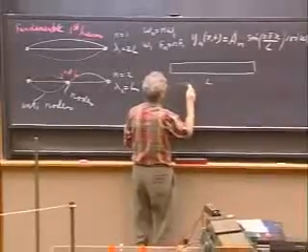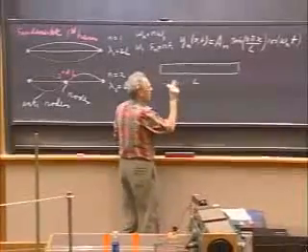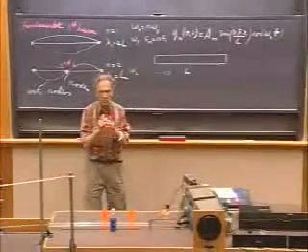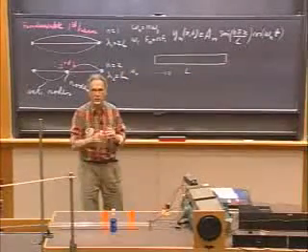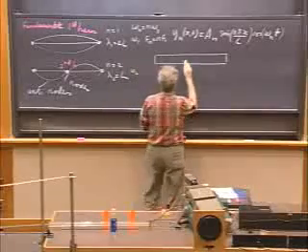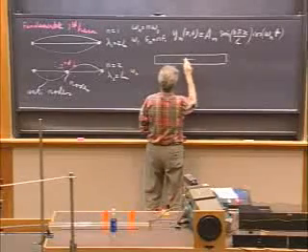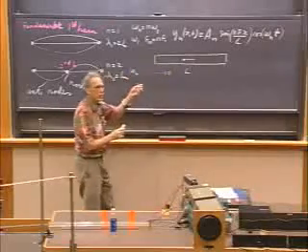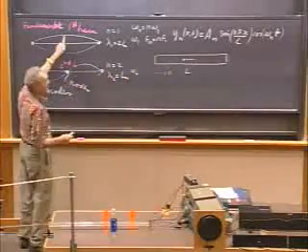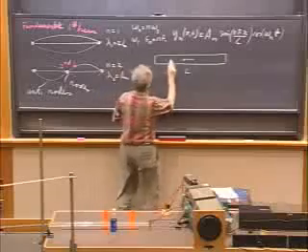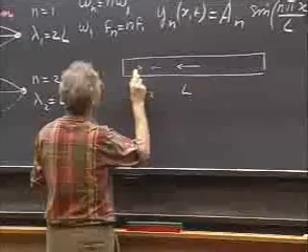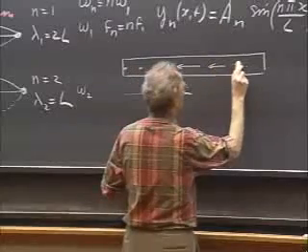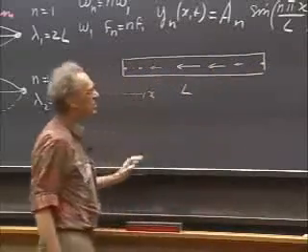So this is the x direction, and the direction in which they move is in the x direction. But the displacement I will call psi, how much they displace from equilibrium. So in the lowest mode, that means in the fundamental, in the first harmonic, in the middle the motion would be very large, and then it's a little smaller, and a little smaller, and here it would stand still.